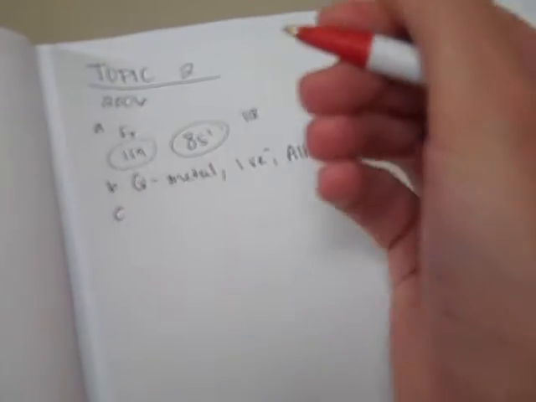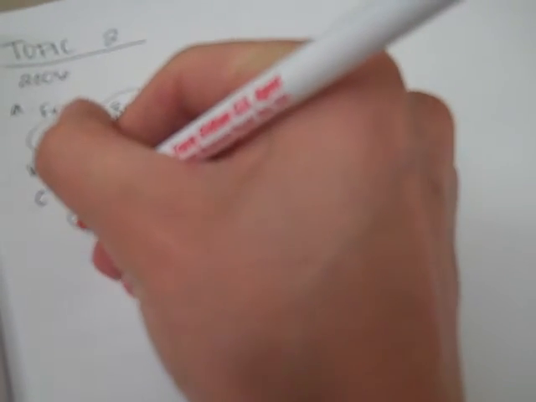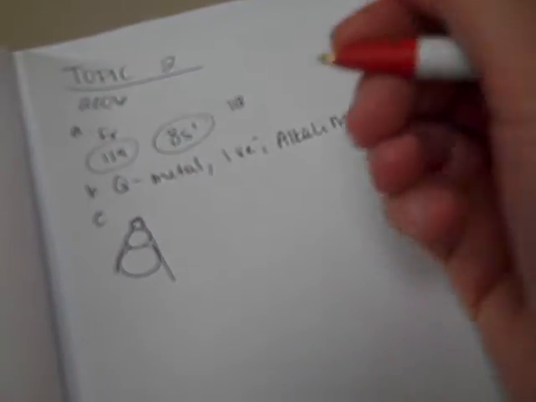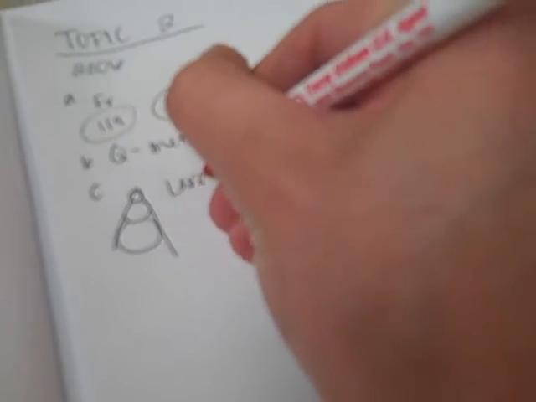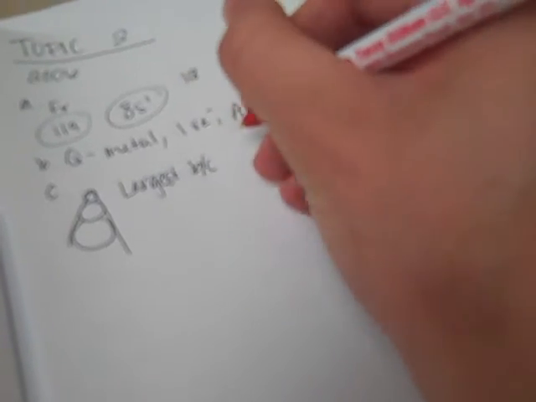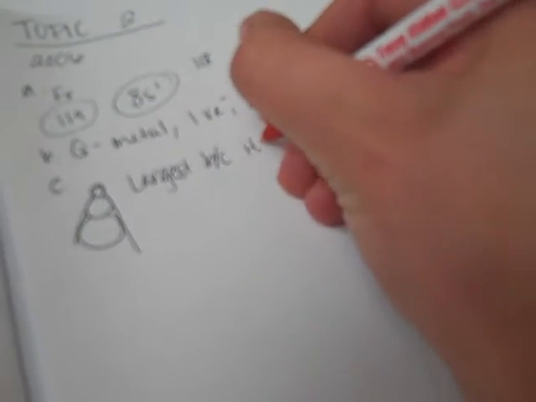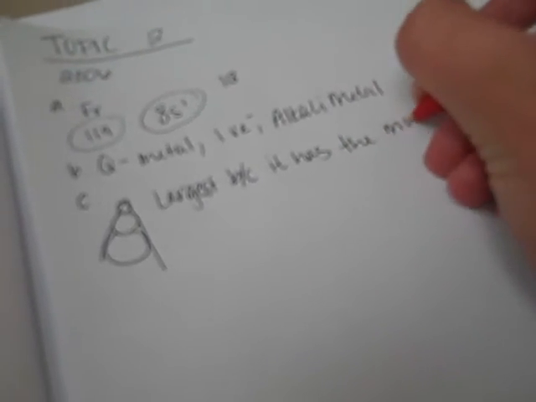Letter C. On the basis of periodic trends, would Q have the largest atomic radius or the smallest? So you know that going down a group, atomic radius goes up. So you would say it would have the largest because it has the most electron shells.